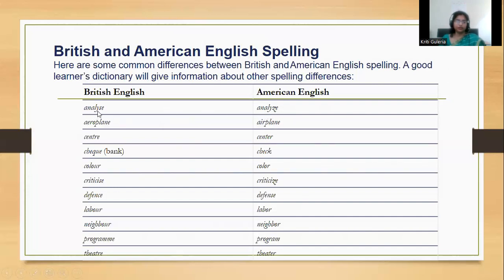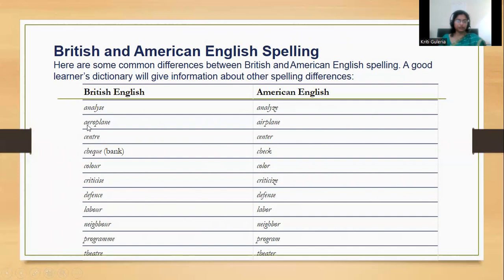Whereas in British English, it is A-N-A-L-Y-S-E. Both spellings are correct, but sometimes while typing on your system, you might be getting a red line under it. So either your system is supporting the other English font and style, but the spelling is correct.